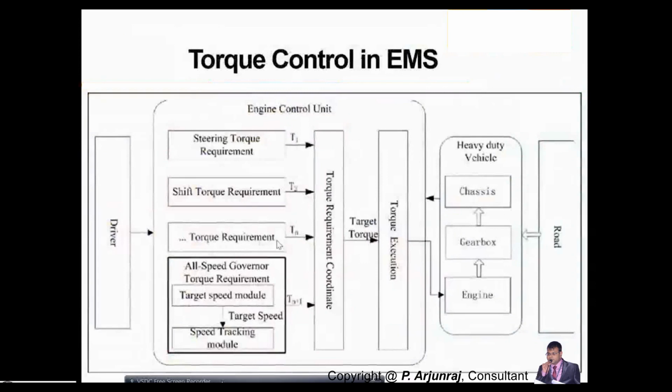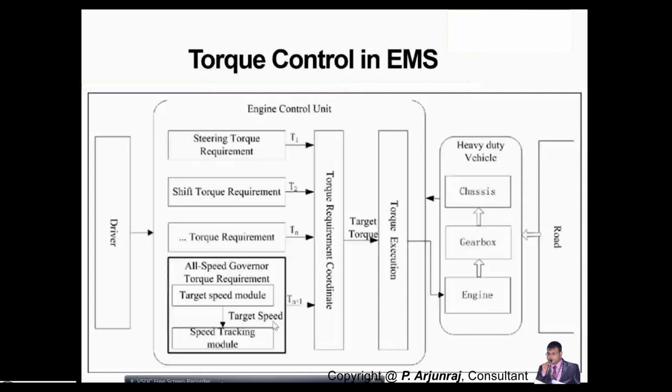What is the overall requirement? The total torque requirement based on the steering effort and also the shifting torque. And you also have the target speed. Say for example the vehicle will have a target speed of 90 km per hour in India, in the case of the US you have 140 km per hour, and in the case of Europe you have 120 km per hour.